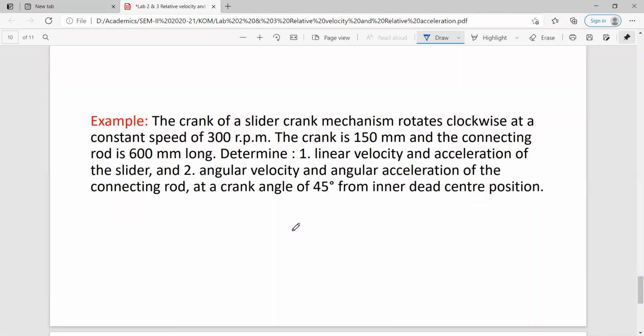Before doing the acceleration analysis, you need to do the velocity analysis first. Then you will go for the acceleration analysis. While we solve this numerical, we will cover one more problem on velocity.